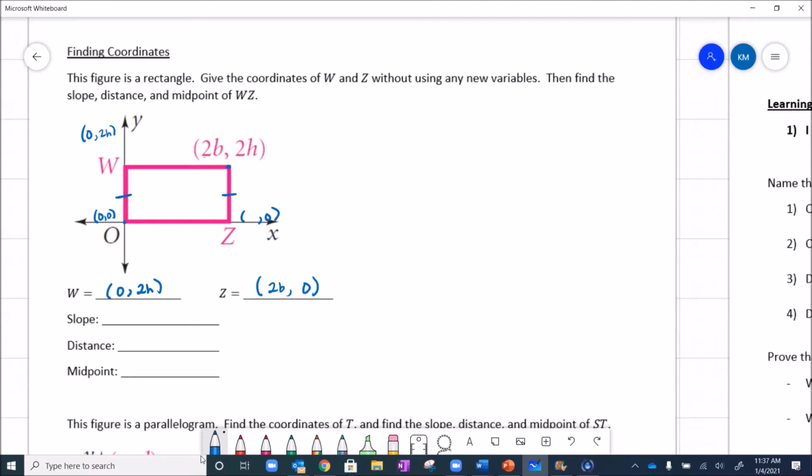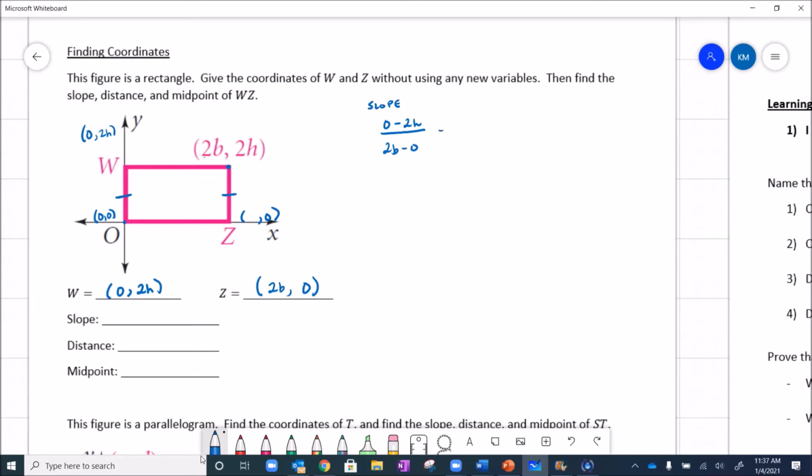Now they ask us for the slope. So here, let's find the slope of this line between WZ. Since we have these 2 points, let's do y2, 0, minus y1, 2h, over x2, 2b, minus x1, 0.